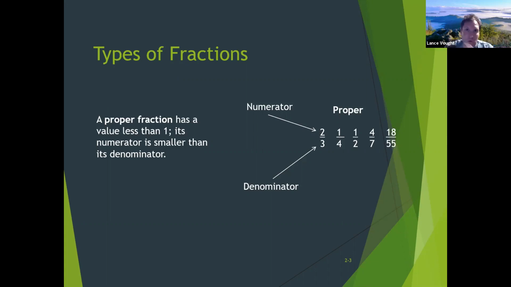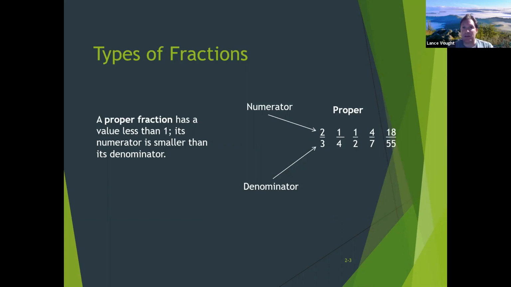It's a whole number plus something extra, a remainder. The most important things when it comes to a fraction are the top and the bottom and knowing what they are and what they represent. The top of a fraction is known as the numerator. The numerator is basically what you have.